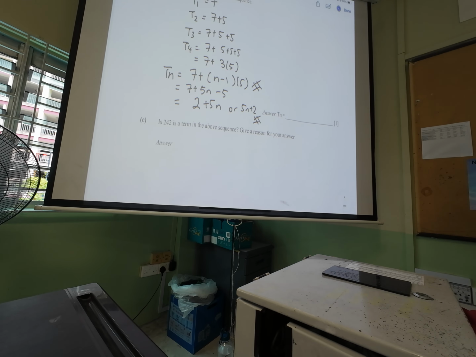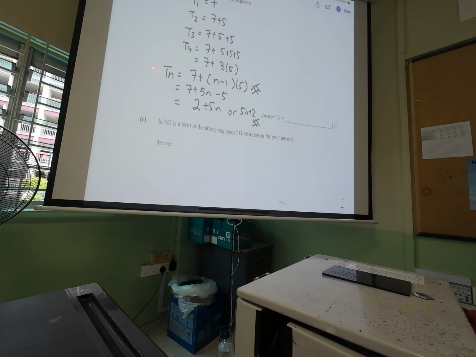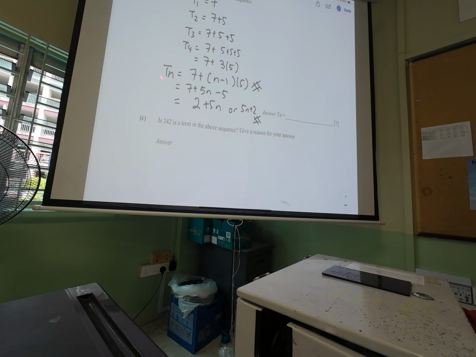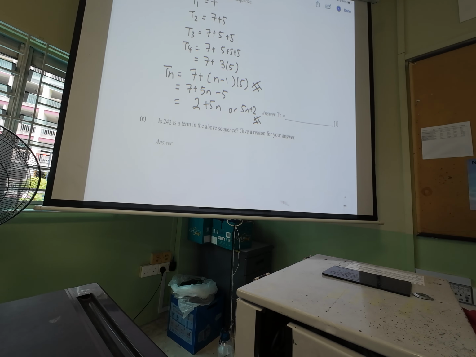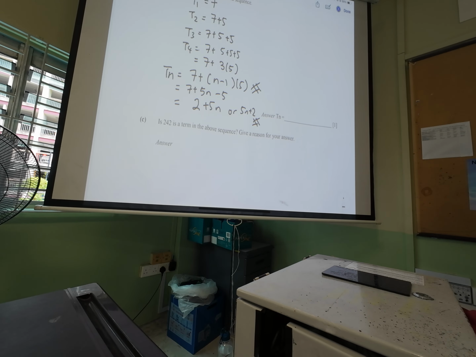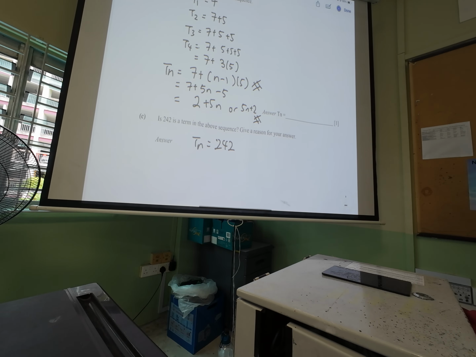Is 242 a term in the above sequence? So Tn, n means any term. So if any term is 242, then they asking me is 242 a term, I will let Tn equals to 242.